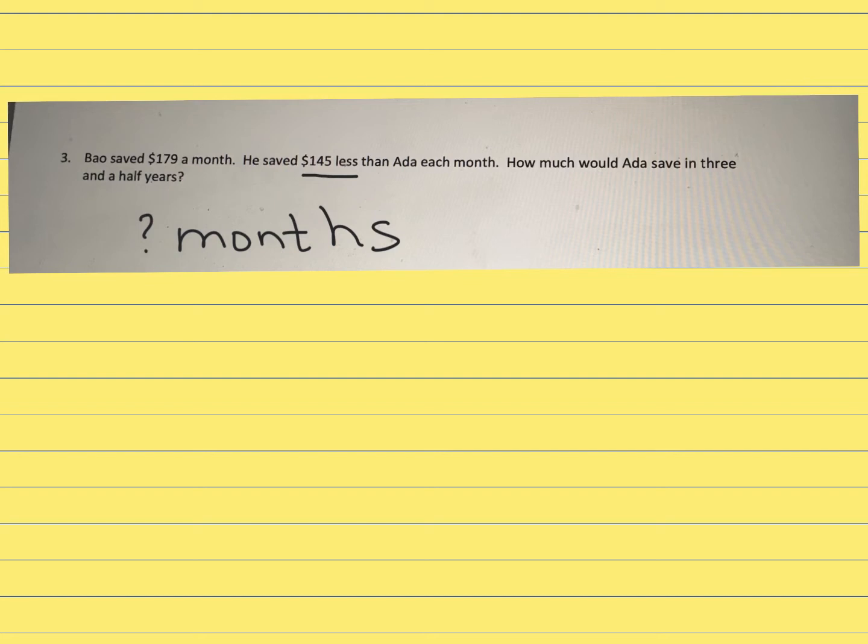Okay, so there are a few steps here that we need to consider. First of all, let's see per month how much Ada saved. We would need to add 179 and 145. Once you find out how much Ada saved each month, then we need to find out how much she would save in 3.5 years.